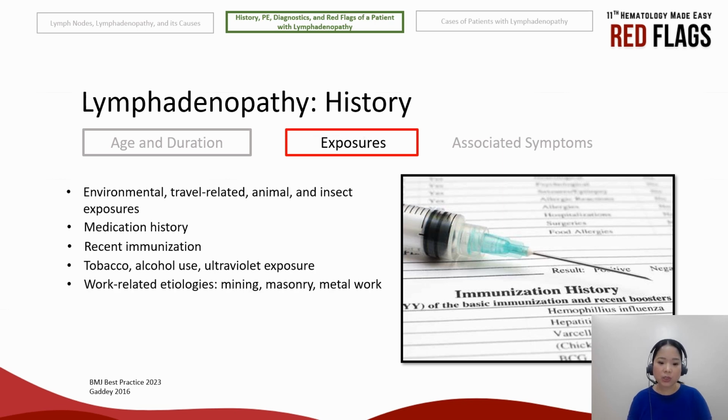An occupational history that includes mining, masonry, or metal work may elicit work-related etiologies of lymphadenopathy, such as silicon or beryllium exposure. Asking about sexual history to assess exposure to genital sores or participation in oral intercourse is important, especially for patients with inguinal and cervical lymphadenopathies. And finally, family history may identify familial causes such as Li-Fraumeni syndrome or lipid storage diseases.